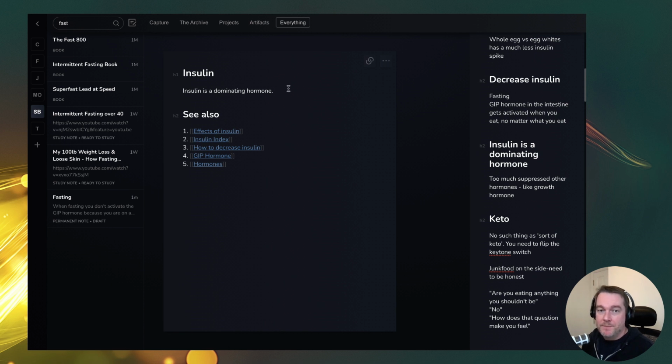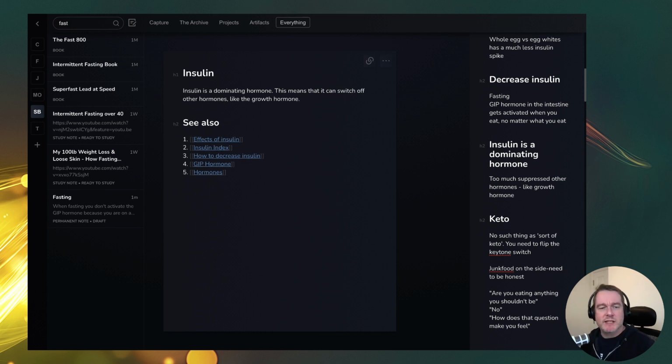In other words, this means that it can switch off other hormones like the growth hormone. So you can stunt your growth, essentially, is what it's saying if you're high on insulin. That's quite interesting. Again, we could complete the map of this if we wanted to go down that line. What other hormones? What is the growth hormone? That's a whole separate, interlinked set of understanding.